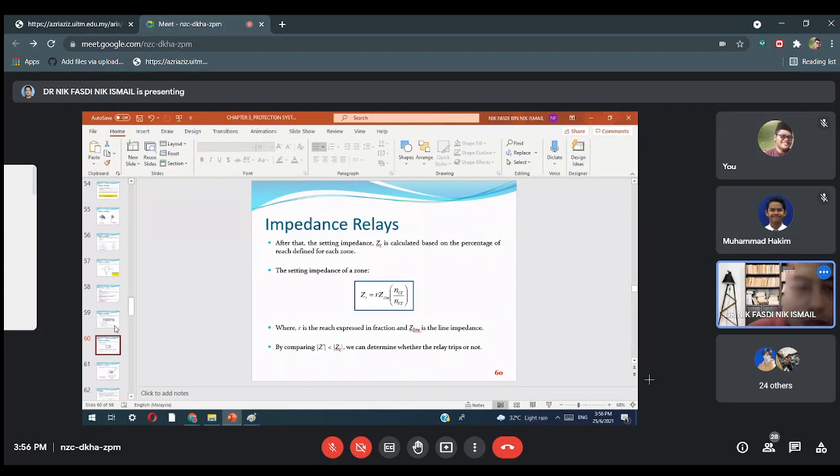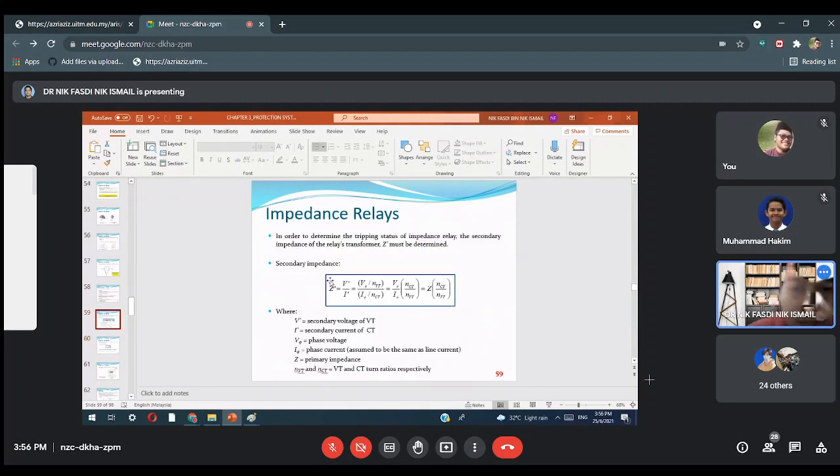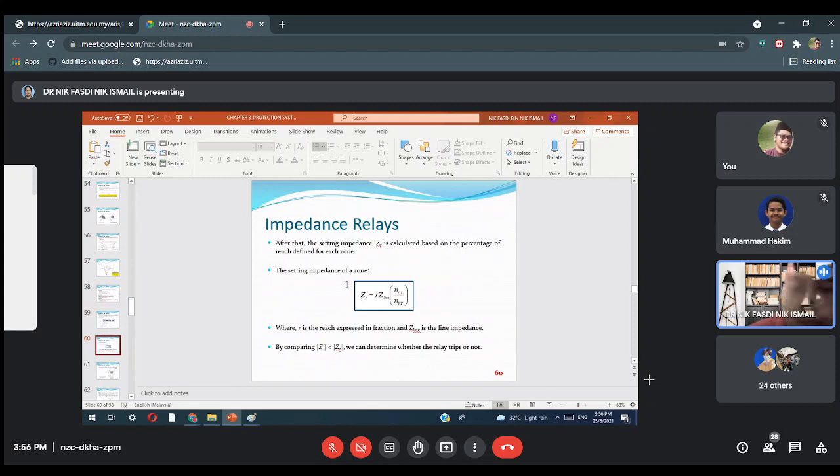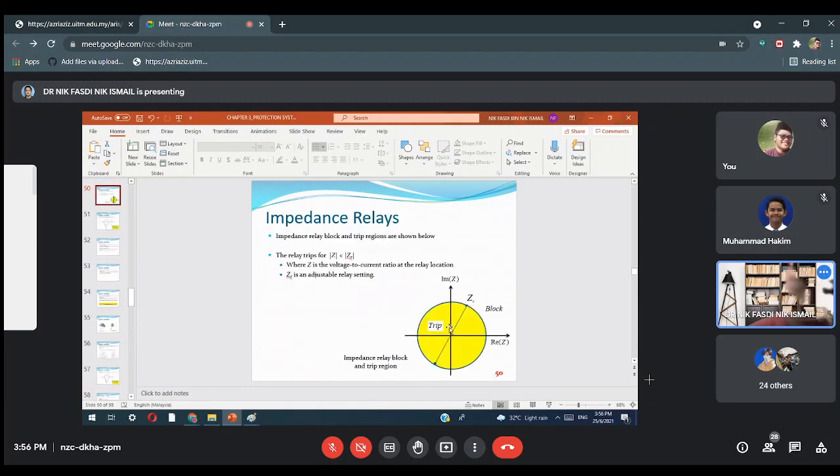Okay, so first step, you need to know the secondary impedance. Then second step, you have to know the reach. Why? Because we go back to the basics of the impedance relay. We need to know whether the Z prime is located inside the circle, or we can say less than the reach impedance ZR.